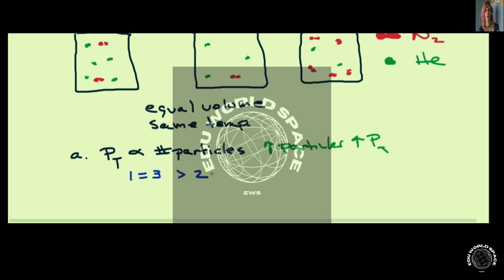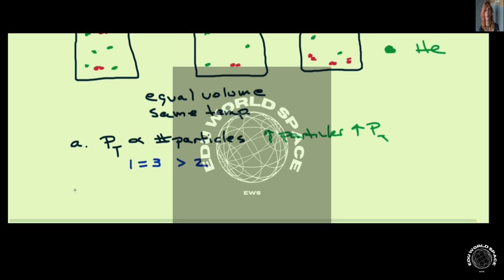Now, when we take a look at partial pressure of helium, again, it's going to be proportional to the number of particles, but this time, since we're only talking about helium, it's going to be of helium. So the greater the amount of helium, the greater the pressure of helium.